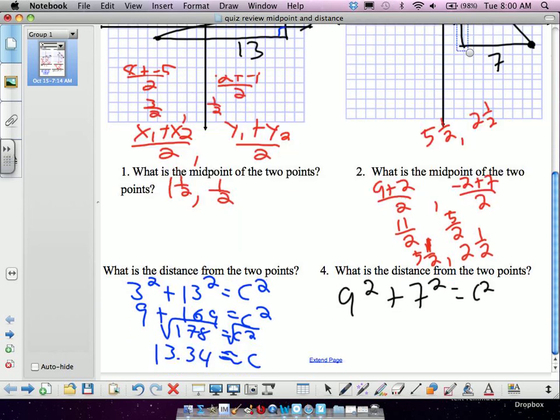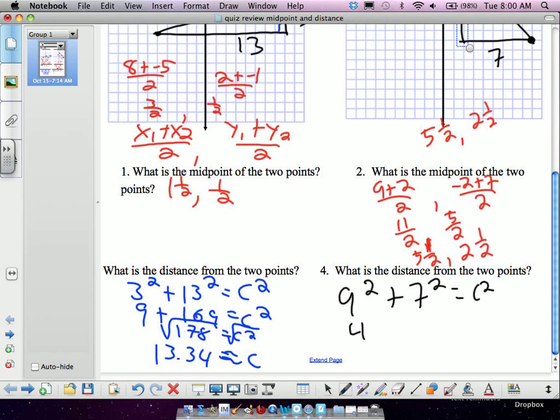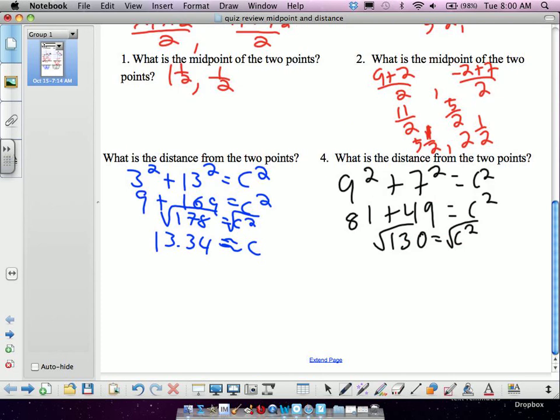So this gives me 81 plus 49 equals c squared. And then 81 plus 49 gives me 130. And then I'm going to take the square root of both sides. And the square root of 130 gives me 11.4, approximately. Okay.